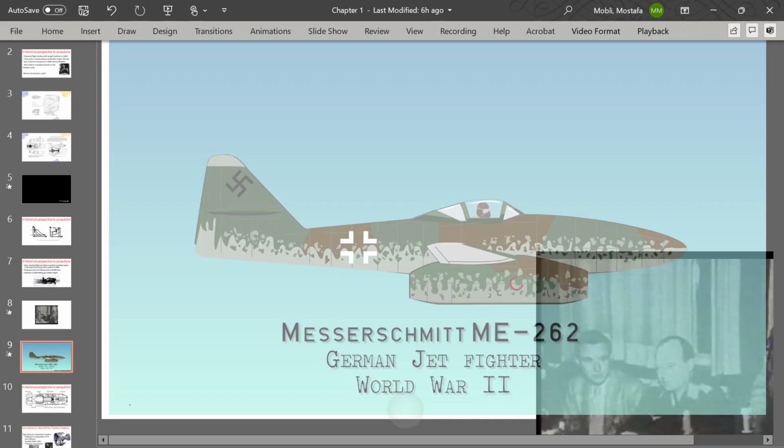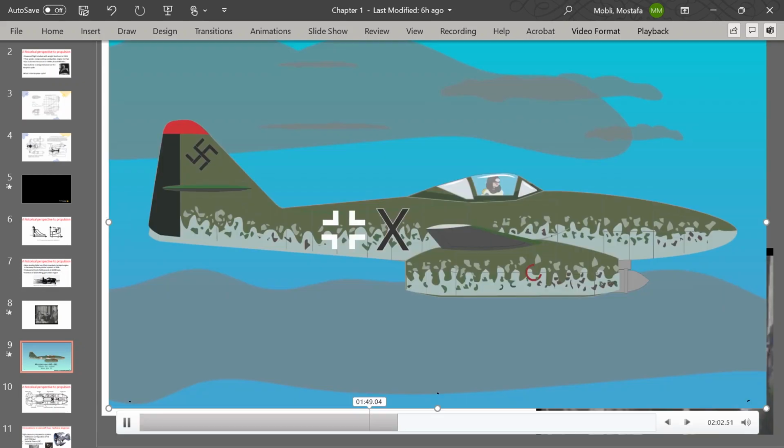Some of the major variants were the Hunter, nicknamed the Swallow, the Bomber, nicknamed the Stormbird, and an experimental two-seater Night Fighter. In its bomber role, it was armed with two 250-kilogram bombs, but with no bomb sights, targeting accuracy was difficult.